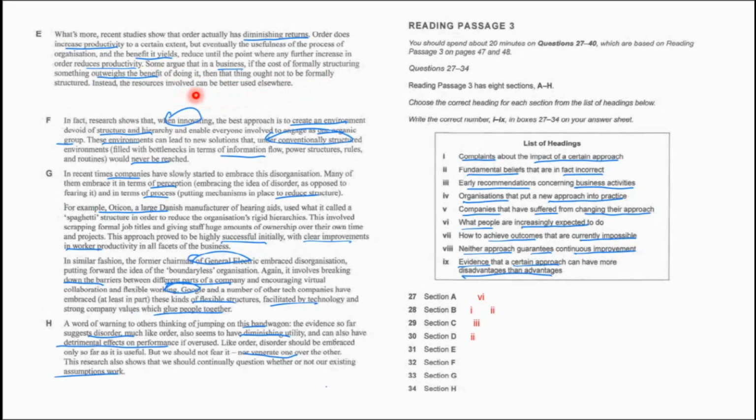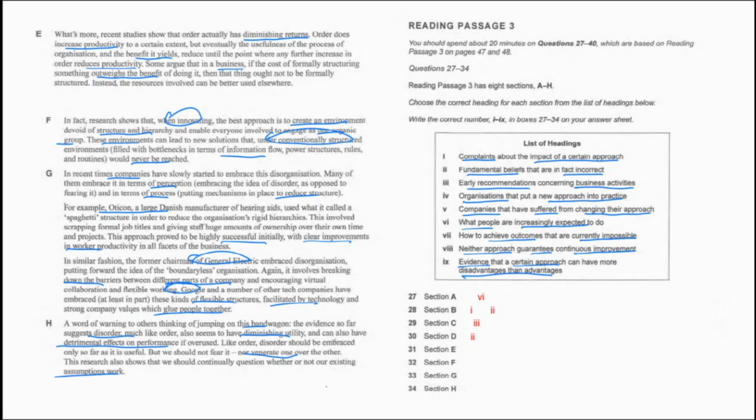Instead, the resources involved can be better used somewhere. If we read the first line, order does increase productivity to a certain extent, but eventually the usefulness of the process of organization and the benefit it yields reduce until the point where any further increase in order reduces productivity. So by this one we understand order benefits till a certain extent, but eventually it ends.